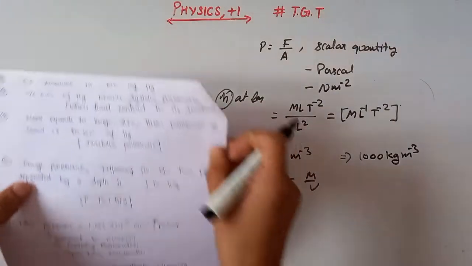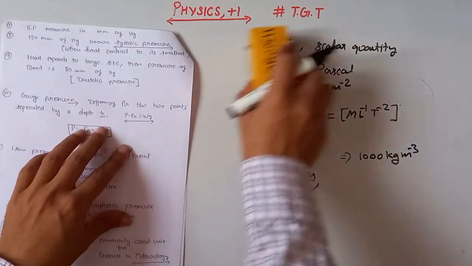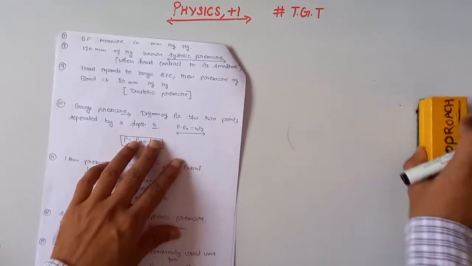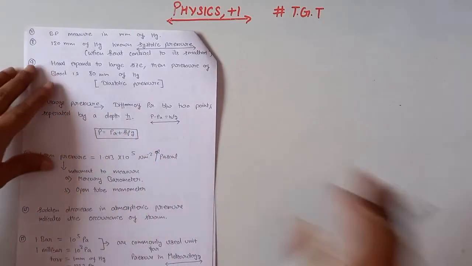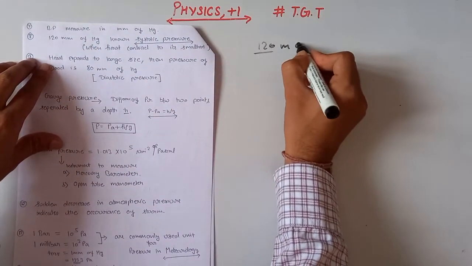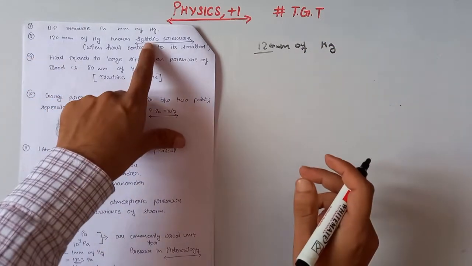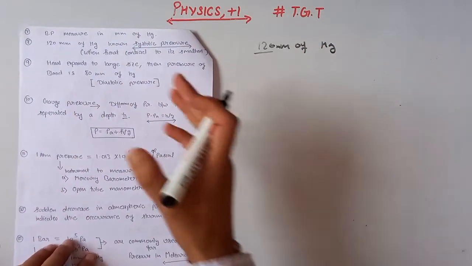Our next important key point is that blood pressure is measured in mm of mercury. And what is systolic pressure?